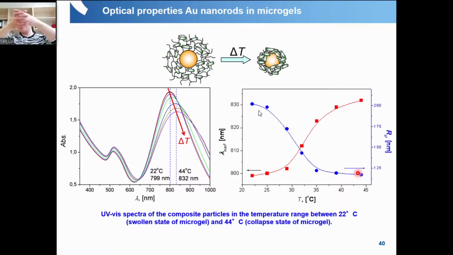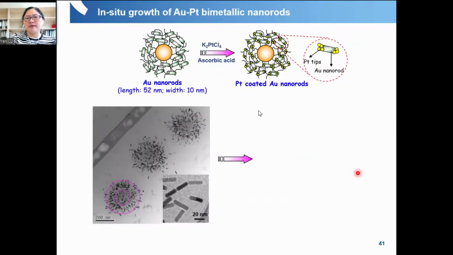On one side, you change the refractive index of your polymer medium in your gold nanorod surroundings. And this is actually the main reason why you can use the volume transition to change the optical properties of your nanoparticle.